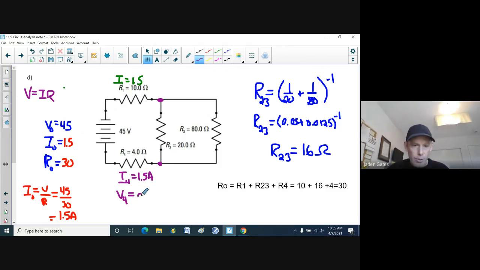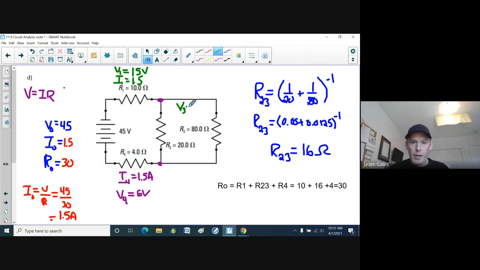So 6 volts get used up on load number 4. I'm going to do the same thing here for V1. Again, V equals IR. So I take 1.5 times 10. Well, that is 15 volts.